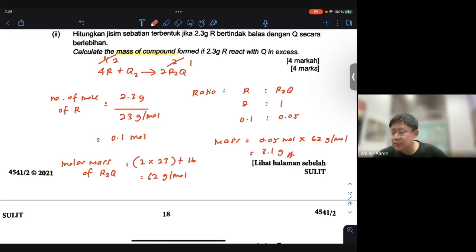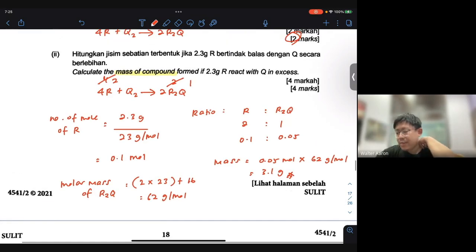Okay, so this is a sort of indirect method. Why? Because they didn't give you the information that you can get directly. Usually they give you the relative atomic mass or the molar mass of the substance in the question itself. However, in this question they didn't give you anything, so you have to find out what those values are.